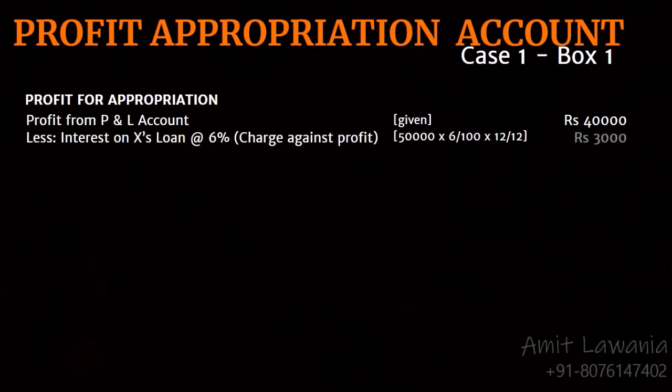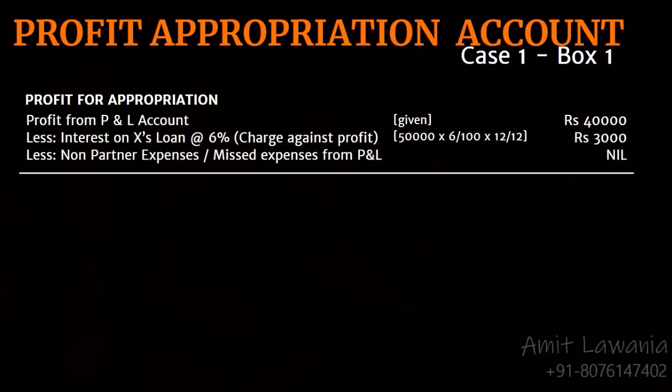We get the amount as rupees 3,000, which we put in the last column. Now we look for any expenses which are not related to partners or any adjustments required to be made to the P&L account, and we find there are no such expenses given in the question.